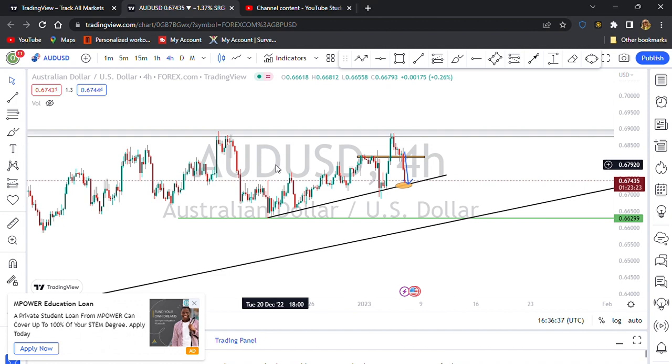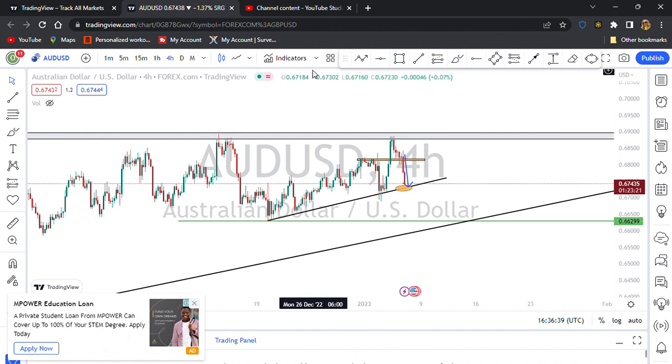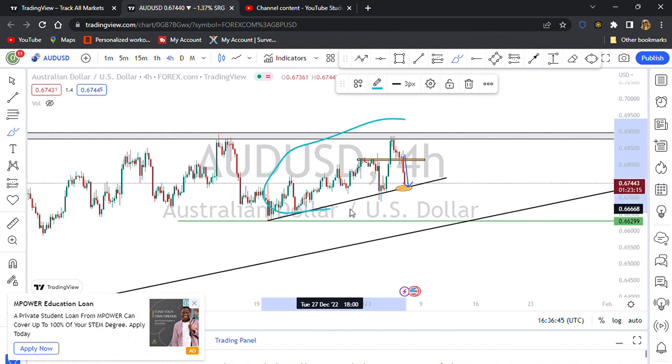The market is in this trend to the upside to hit this zone.